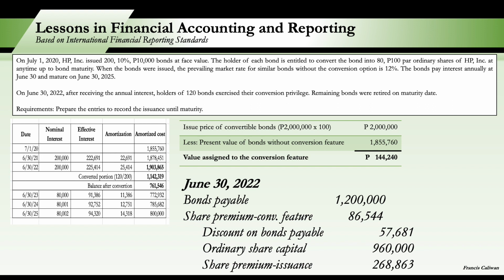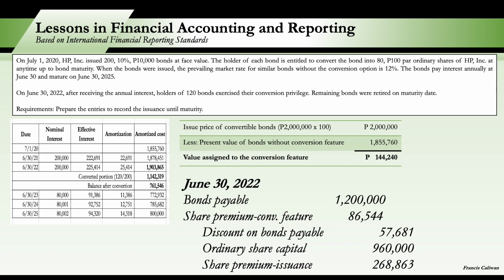What's the ratio? Each bond is entitled to 80 shares at a par value of 100. So 120 bonds times 80 shares times 100 par value. Our ordinary share capital is credited for 960,000. Then the balance is credited to share premium issuance.